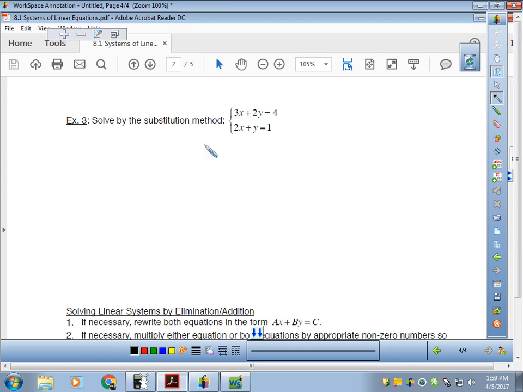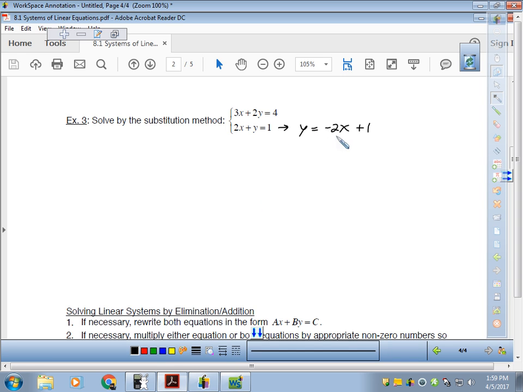So this one asks us to solve by the substitution method: 3x plus 2y equals 4, and 2x plus y equals 1. This second equation is pretty easy to solve for a variable. It's pretty easy to get the y by itself. Just take the 2x and subtract it over. So y equals negative 2x plus 1. So just took that and moved it over.